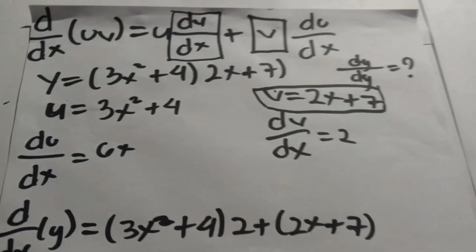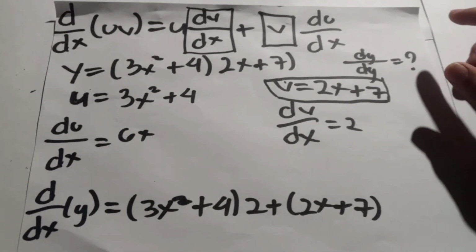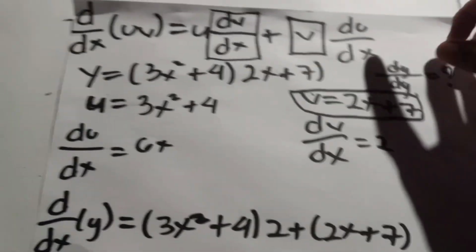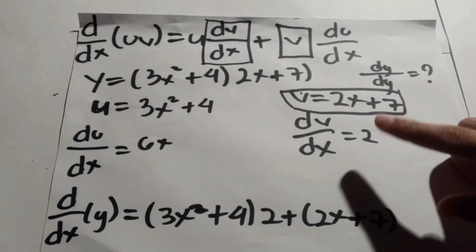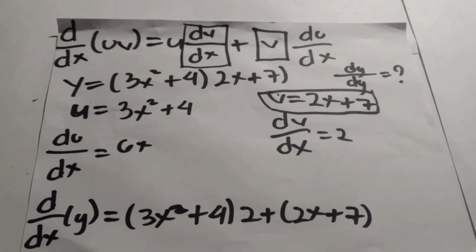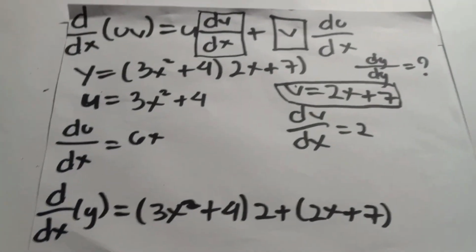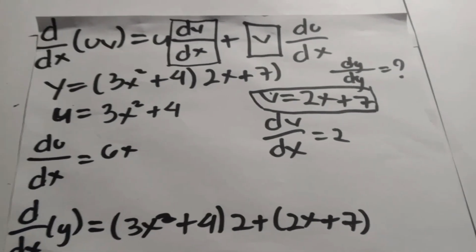To the derivative of v, we have 2. For v, we have 2x plus 7.